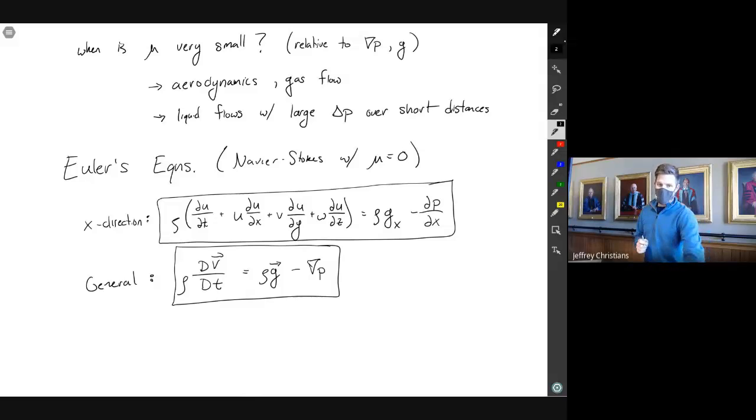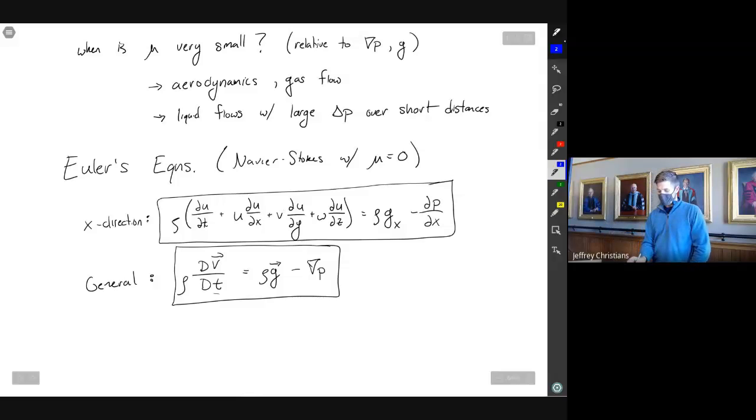So the way that we're going to think about this is for a relatively simplified case, and try to, again, build some intuition about what this means for fluid flow. But what you can see already is, why in this kind of flow are fluid particles accelerating?